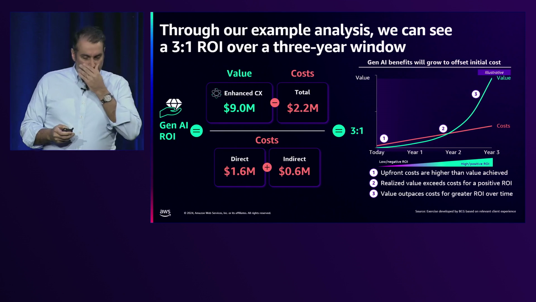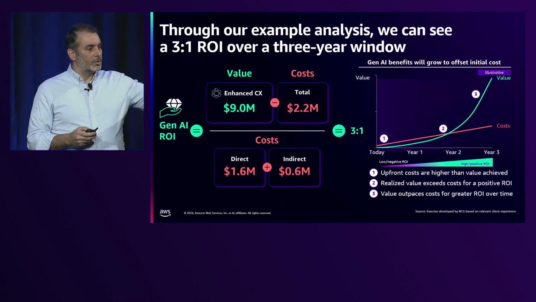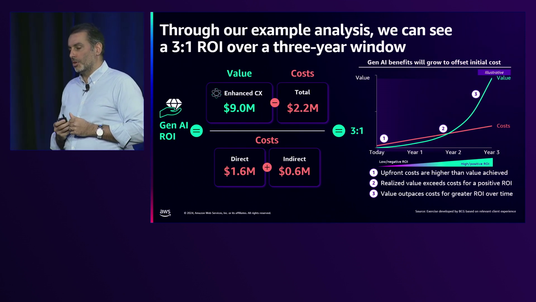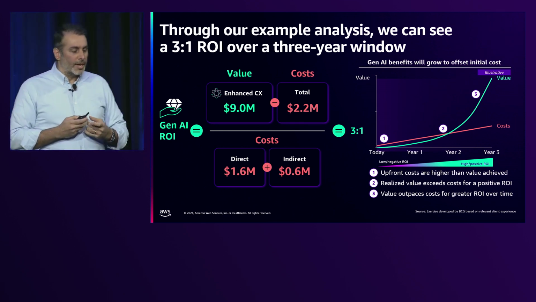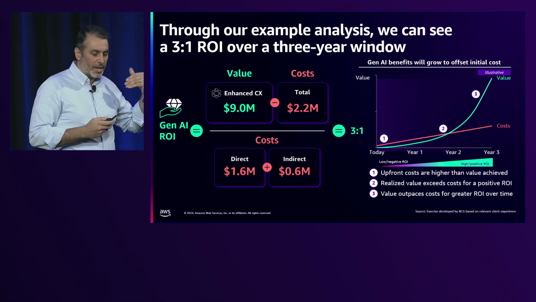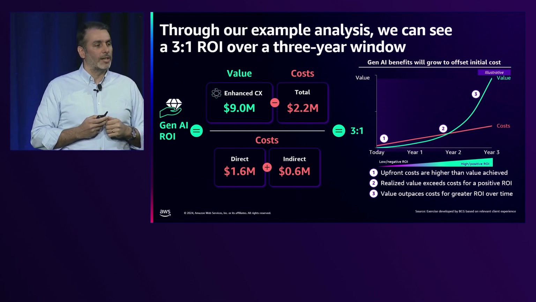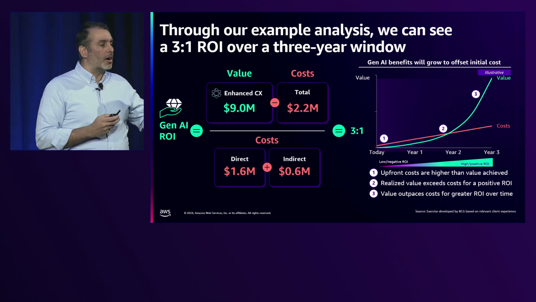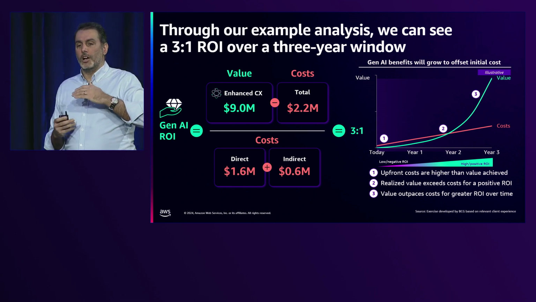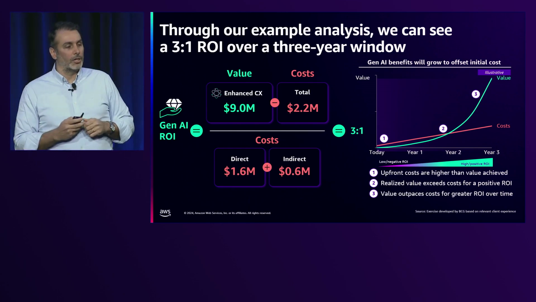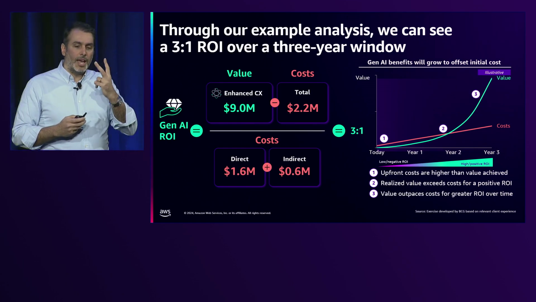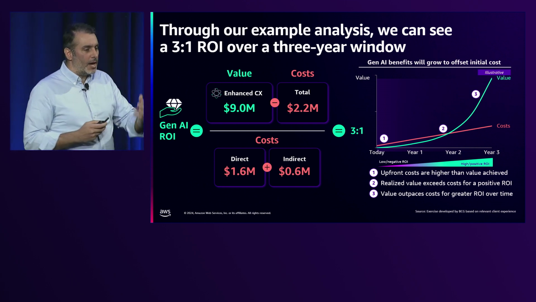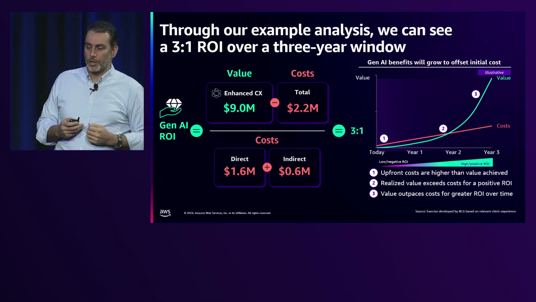Now, talking about the 3-year horizon, why is that? We talked about the cost, and as you noted, it's relatively high when you look at some of the upfront costs, right? So at the very start, the returns are certainly not going to match the cost incurred. But as you move over time, two things happen that allow the returns to outpace the cost.